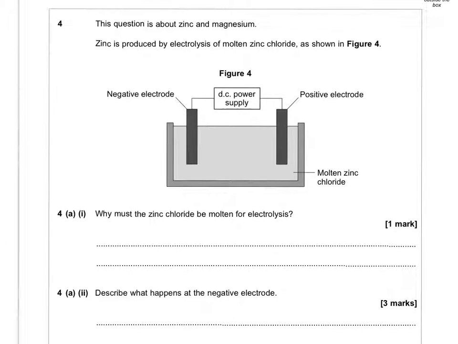Question 4 is an electrolysis question. Always pretty tricky electrolysis questions, so it's worth spending a bit of time on this one. So it's about zinc and magnesium. Zinc is produced by the electrolysis of molten zinc chloride. Now, when it says molten zinc chloride, you wouldn't have studied molten zinc chloride at all.